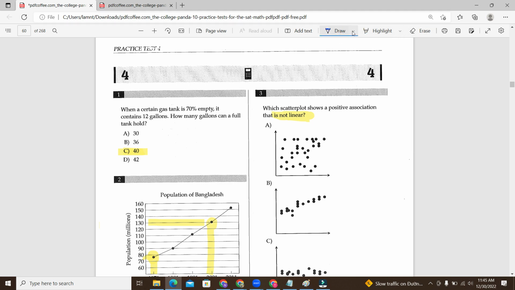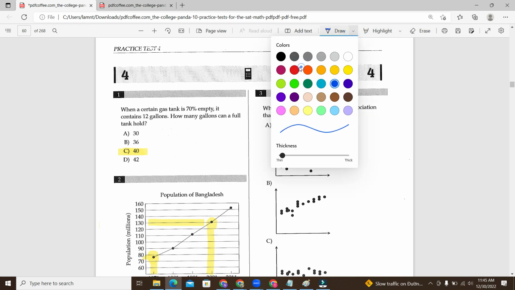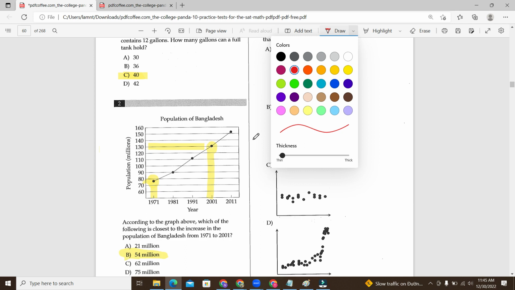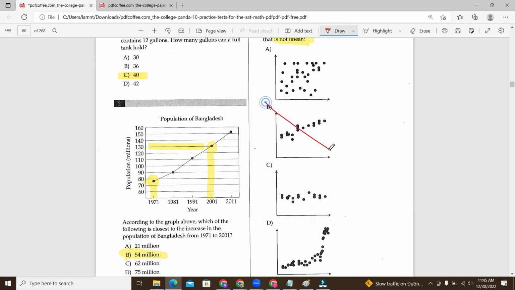We see that B is linear, so we cross it out, because you can draw a straight line through the graph. This is also linear. C is also linear, so C is cancelled. So we have A or D.